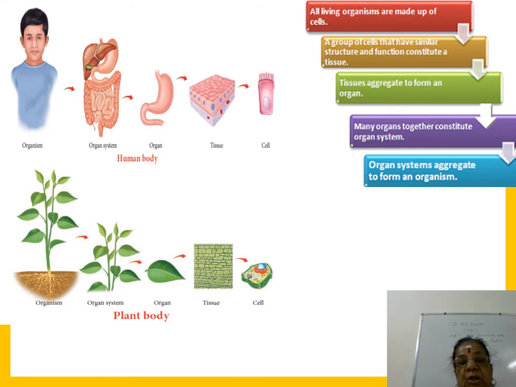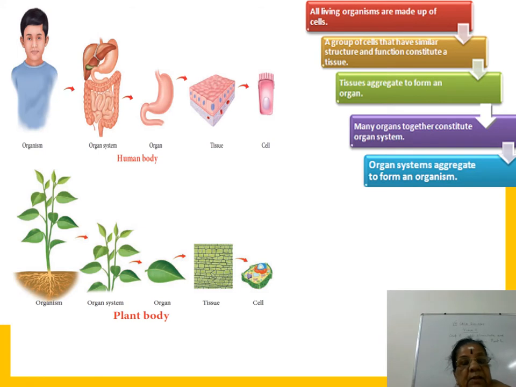The stomach is one organ. And then many organs together form an organ system, where the stomach is one part of the digestive system. And where are they present? In the human body. So this figure represents an organism having an organ system, the digestive system, and in it the stomach is an organ, whose layer is covered by epithelial tissue and a single cell, the ciliated epithelium. I hope you understand.